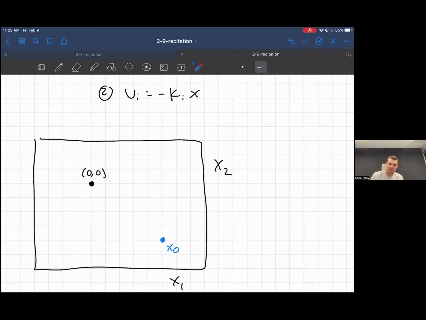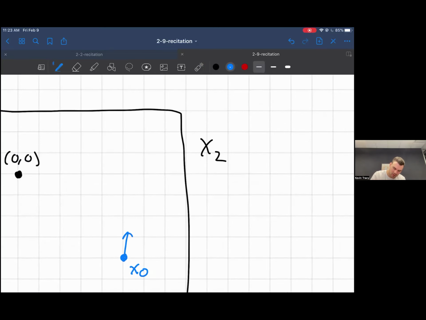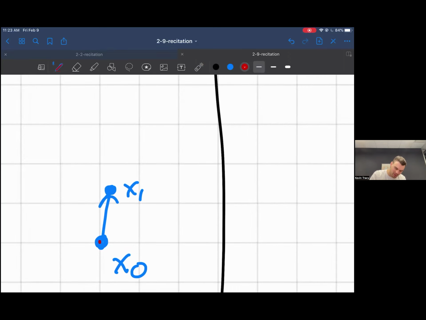If I have an x naught right here and I use option 1 for solving for my policy, I minimize this convex program and get my first u and execute that u on the robot, maybe it moves to this new spot x1. But my model is a little inaccurate, my actuator is a little inaccurate, there's maybe some noise in the system, some unmodeled disturbances. There's a million reasons why the control that you execute won't move the system to the exact state that you thought it was going to. In fact, you will never find a robot that does this perfectly. So it'll move a little bit off where it was supposed to.